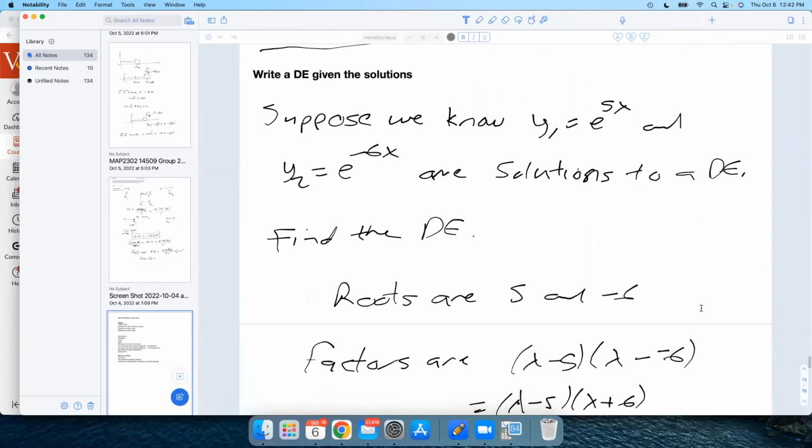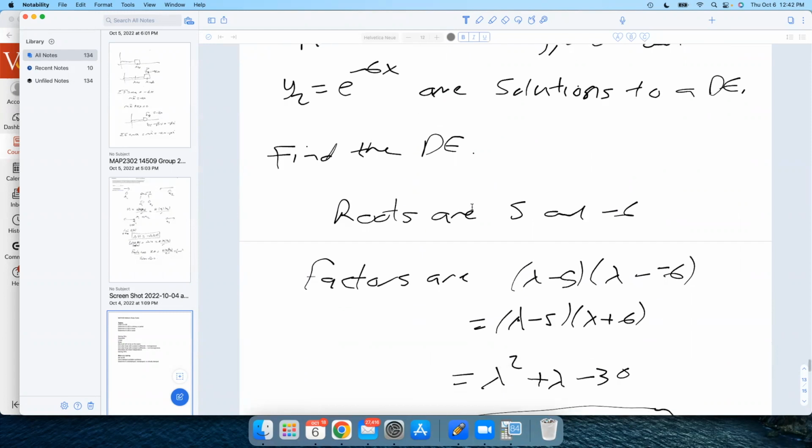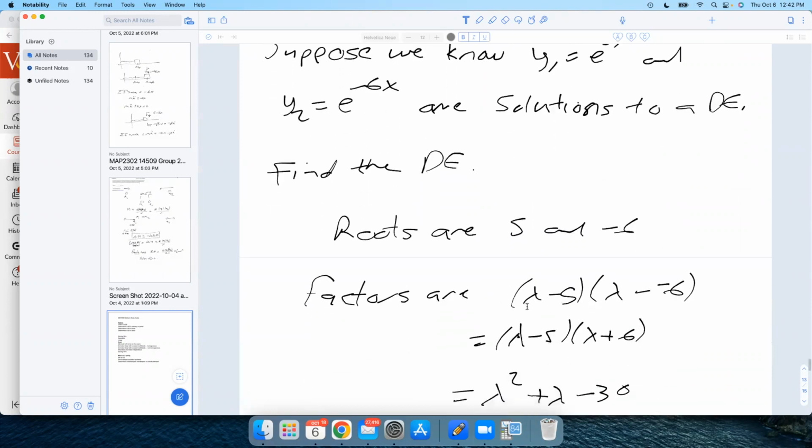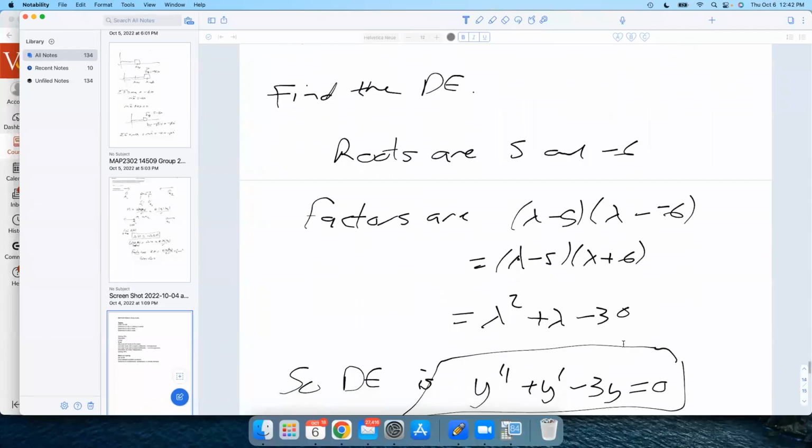Okay, and then those other ones working backwards, where they give us the solutions and they want us to work backwards and find the DE. So we know our roots here are going to be 5 and -6. So the factors will be lambda minus 5 and lambda plus 6, minus a negative.